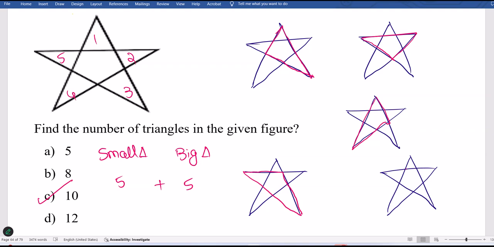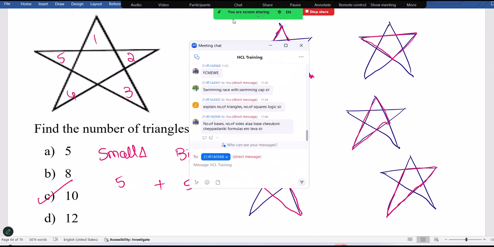Yes, so this one. You see no triangles are repeated. That's why I'm showing you in 5 different types of diagrams. You can see nothing is repeated anywhere. Right, total 10. This one we should do manually.